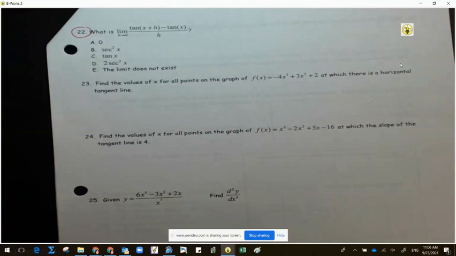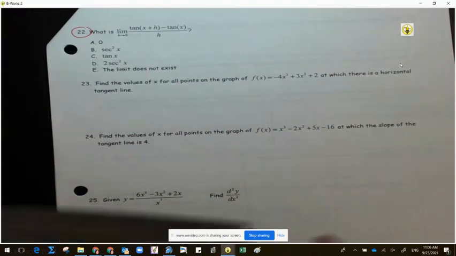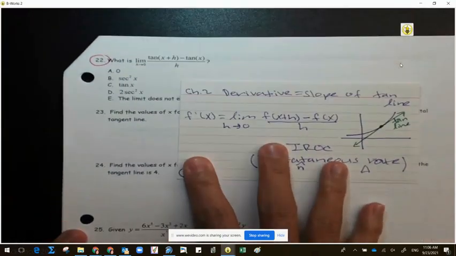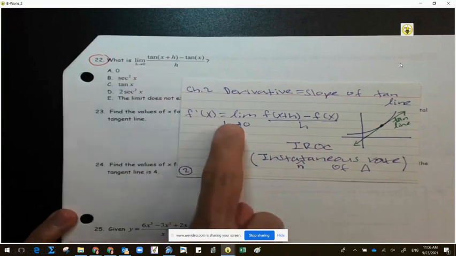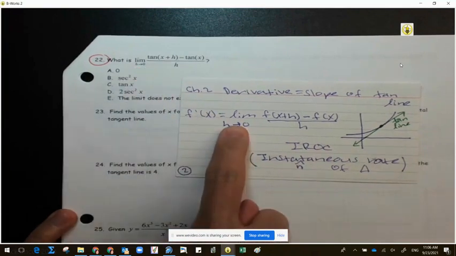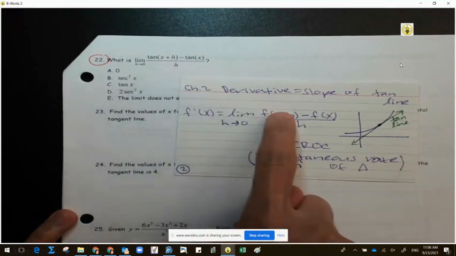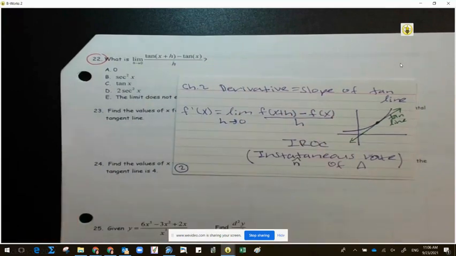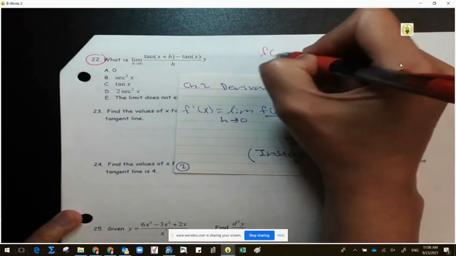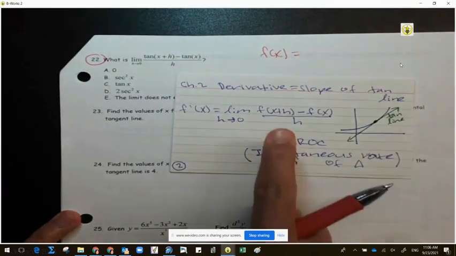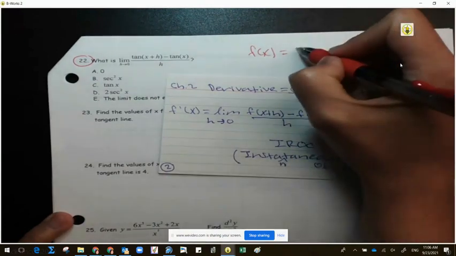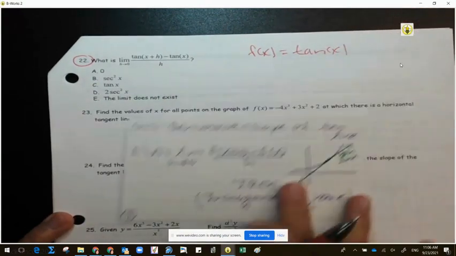So on number 22, let's compare to our function again. So we have, it's approaching 0. If you're not listening, you're going to go, why are we doing that? Okay? x plus h, x. So our function, the f of x, is represented by what according to my pattern here? Tangent of x.